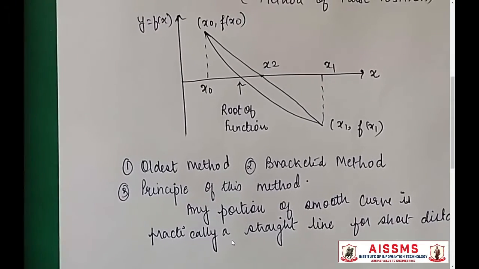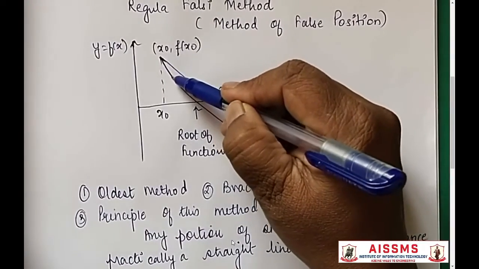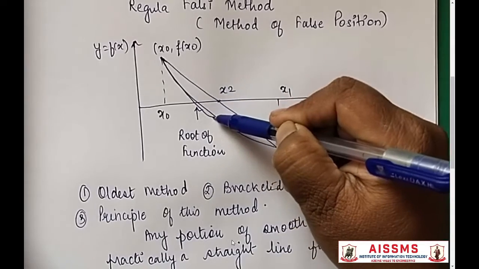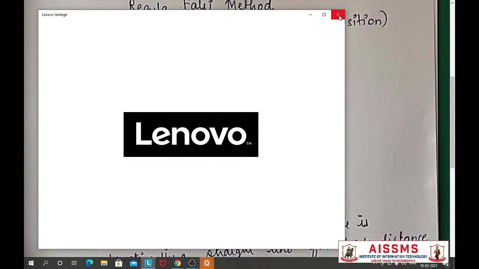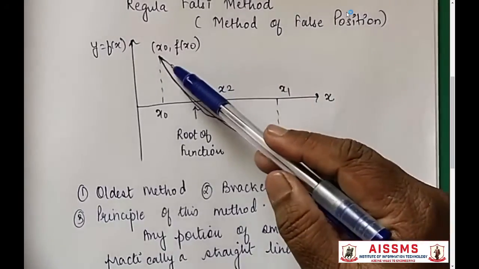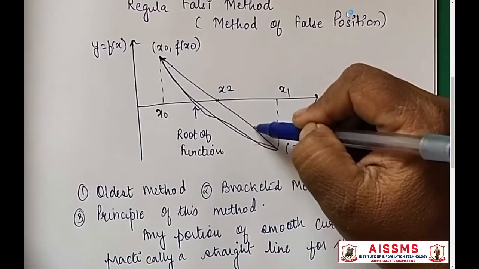So what we are doing is, this is our function y is equal to f of x, right? We are taking a small part of the curve and approximating it to be a straight line.